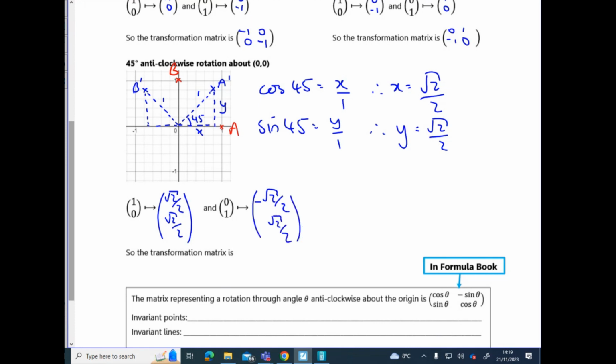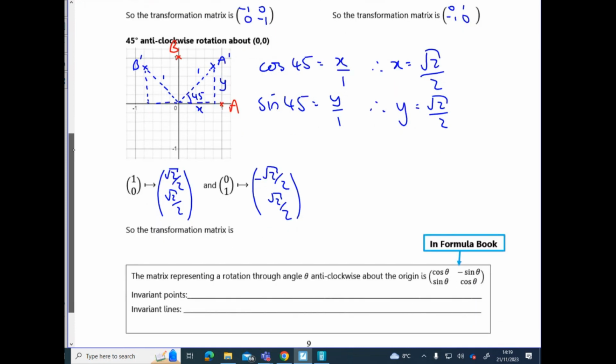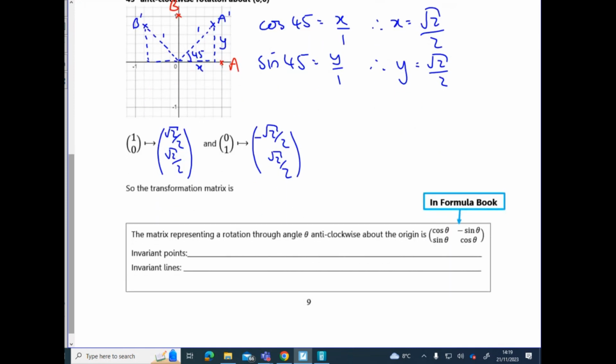But from these you can kind of see, so for A, this was cos 45 over sine 45, and then minus sine 45, cos 45. That's where this rotation matrix kind of comes from. But it's in the formula book, you can just quote it. You don't have to work it out like I've just done.